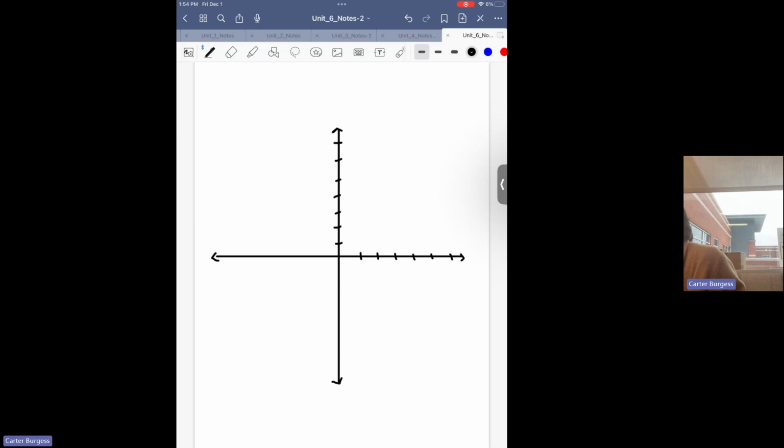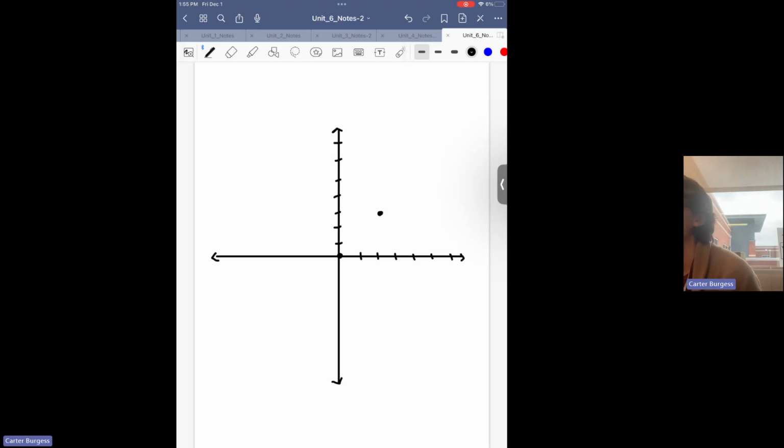Again, we are going to assume, although we'll see pretty quickly that this does not need to be the case, that we start at the origin. In this case, I want to think about the vector that ends at the point 2, 3.